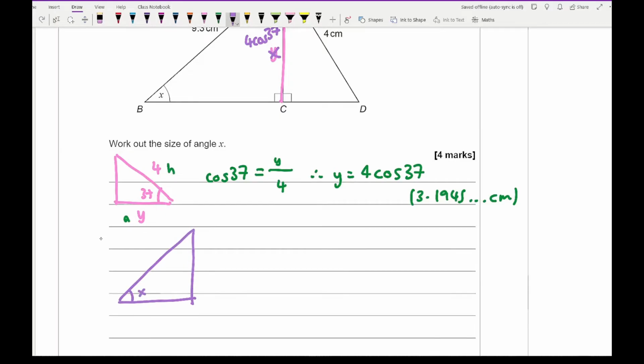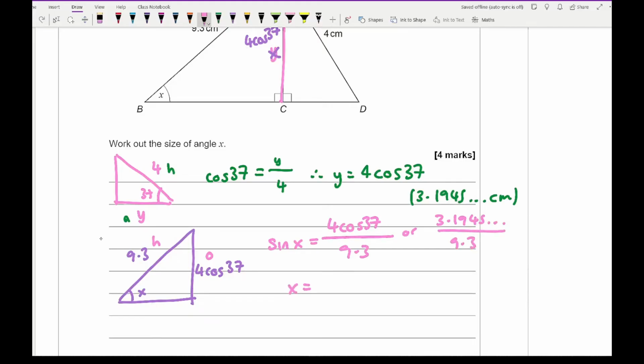So this is what I'm trying to work out. This length here is 4 cos 37 and this top length is 9.3. Labeling the triangle, I've got this as the opposite, this is the hypotenuse, so now I'm going to be using sine. So sine x equals the opposite, which is 4 cos 37 over 9.3, or as I said, you could use 3.1945, depending on whatever you rounded that to, divided by 9.3.